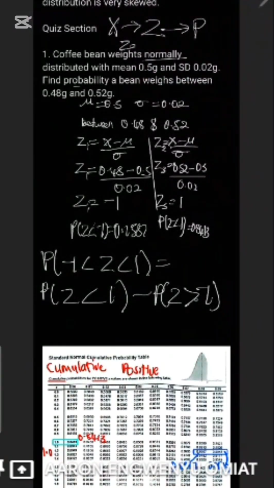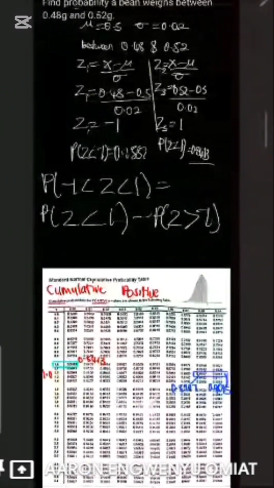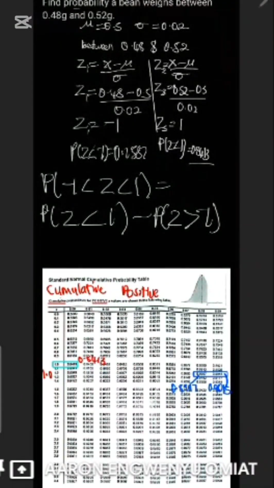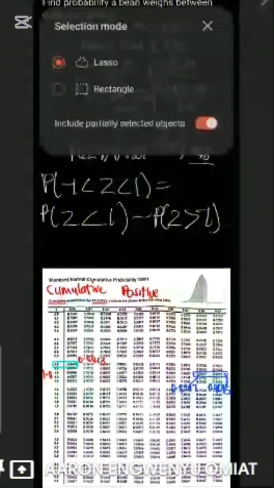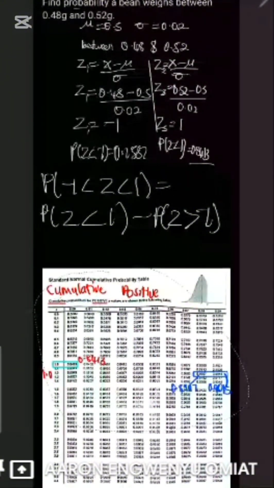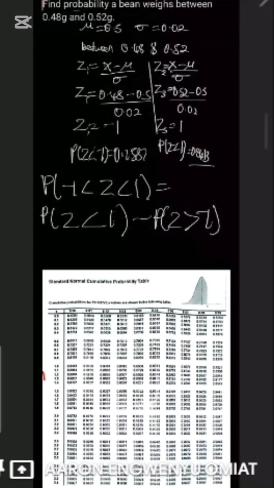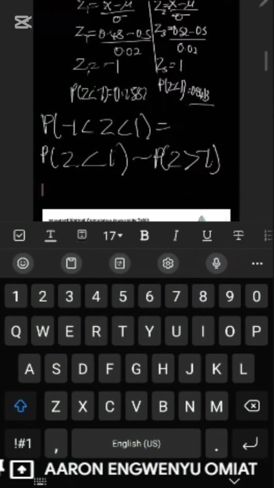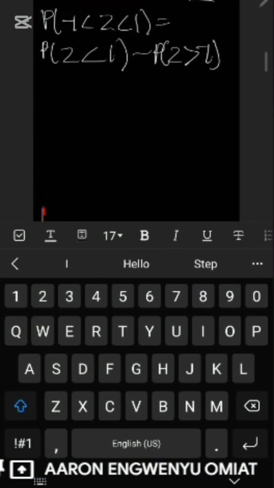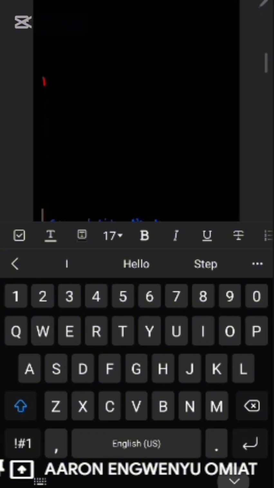We know the probability of z less than 1, but we don't know the probability of z greater than -1. Let me clear this to create some space.